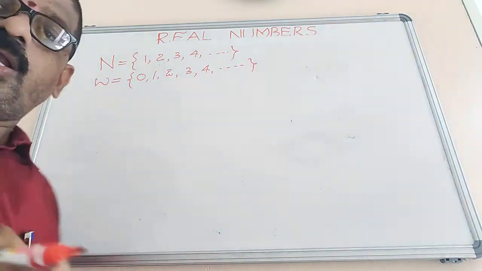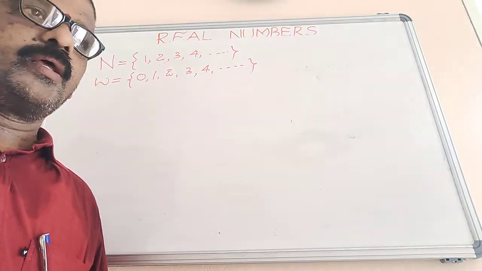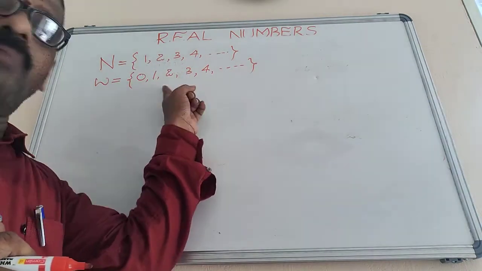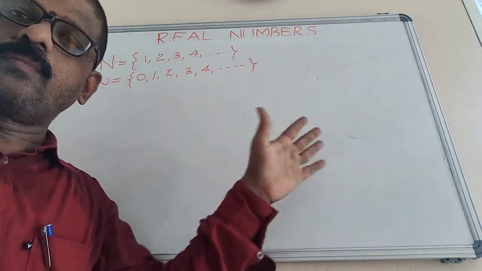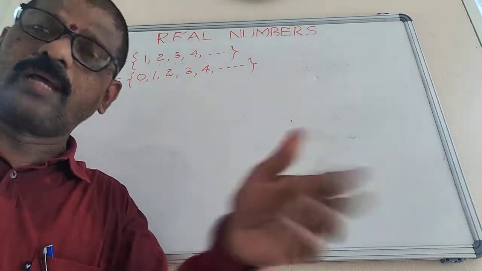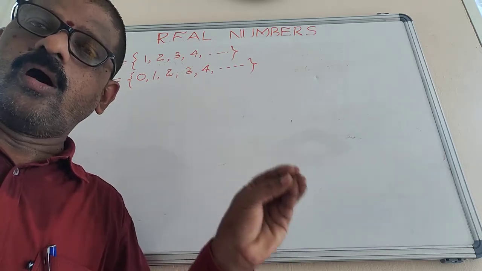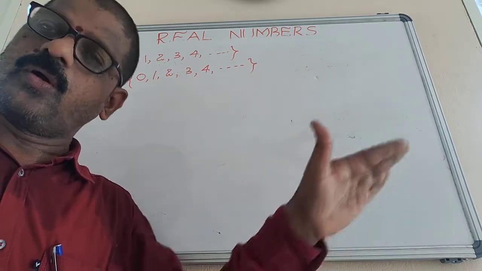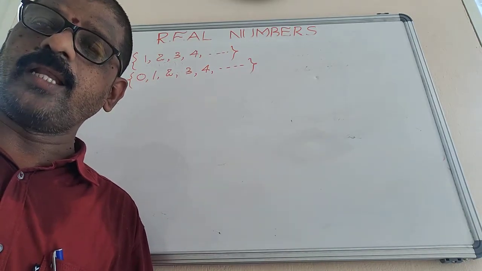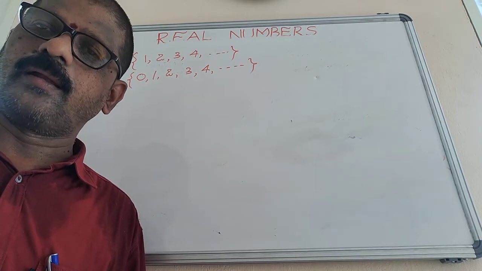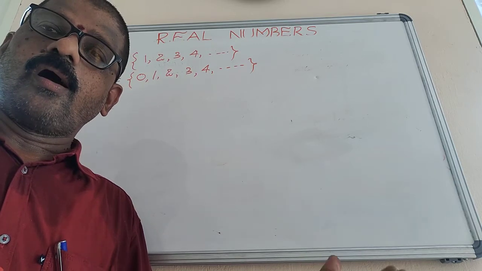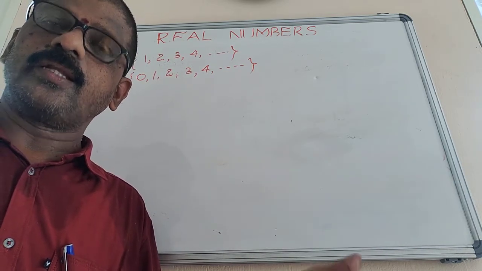Clear? Now, we have to observe natural numbers and whole numbers. All natural numbers, that means 1, 2, 3, 4, 5, are in whole numbers. Understood? All natural numbers are in whole numbers, but all whole numbers are not in natural numbers.